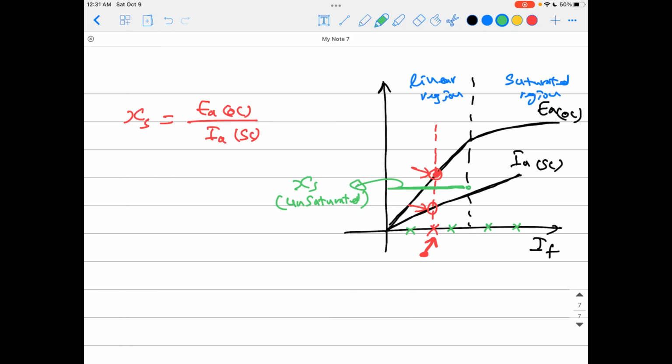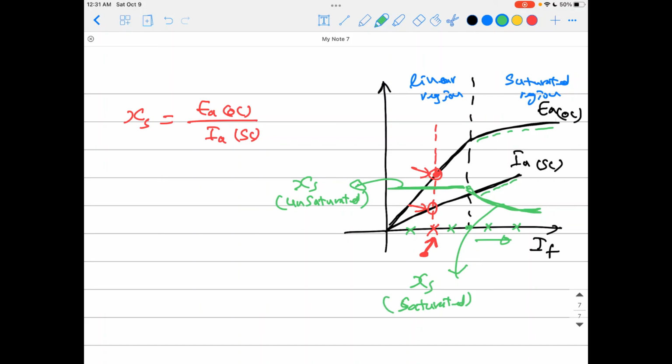But if you go high enough to the saturated region, now IA keeps being linear like this, but the open circuit characteristic E starts decaying a little bit. That's why XS starts decaying like this. So XS will now start going down, and that's why we call it in this region XS saturated.